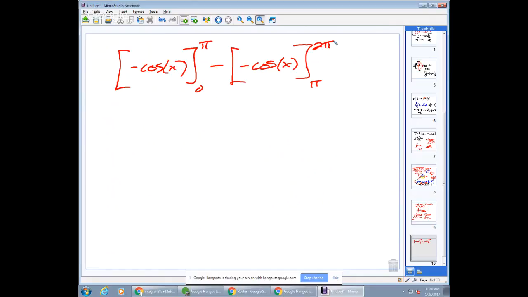Cosine of pi is -1, so I have the opposite of -1. If this were on a test, I'd actually write down negative cosine of pi minus the negative cosine of 0. Look at all these negatives floating around. Danger, danger, danger.